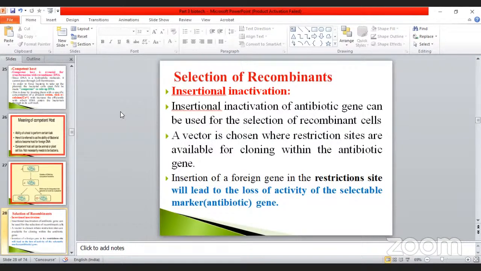Then how will you insert? Other than that restriction site, we can use another one, so that the marker will act. That is very important.